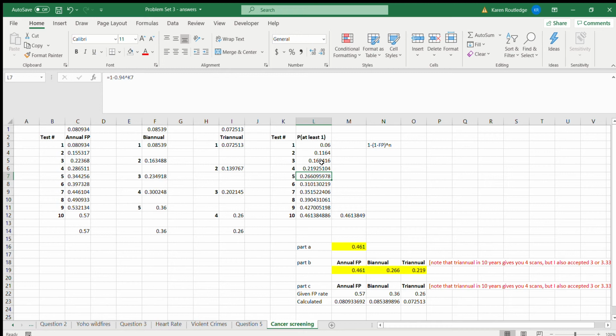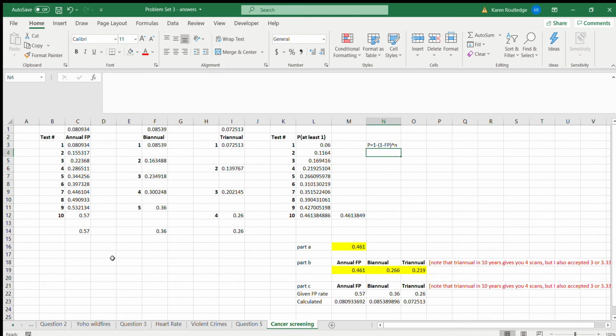In part C, we are still using this equation, but instead of solving for the probability, we are solving for the false positive rate. Perhaps we will write that as probability is equal to 1 minus, etc. Previously we had the false positive rate and n, and we wanted p.